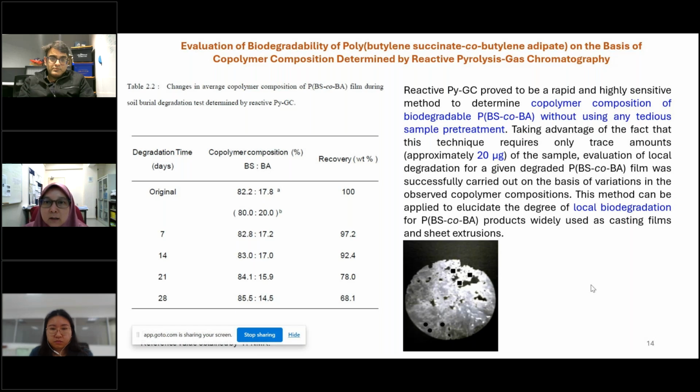So by using this reactive PY-GC, we are able to analyze at the local pinpoint at which part of the film is degraded. We can analyze the copolymer composition directly. So this is one of the advantages of using reactive PY-GC.